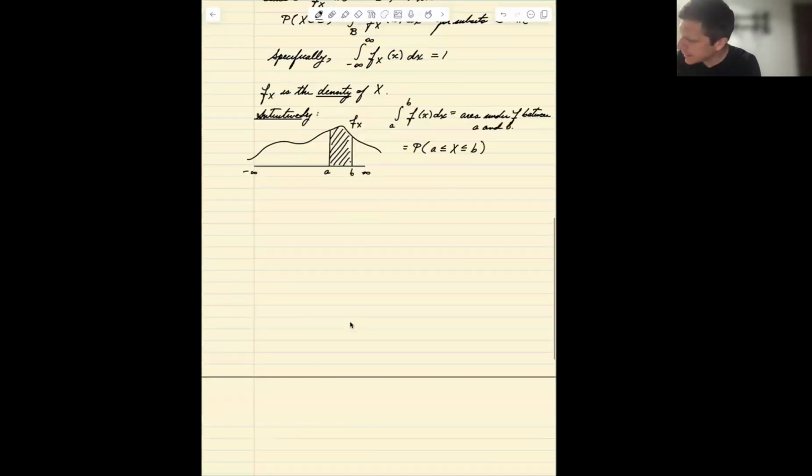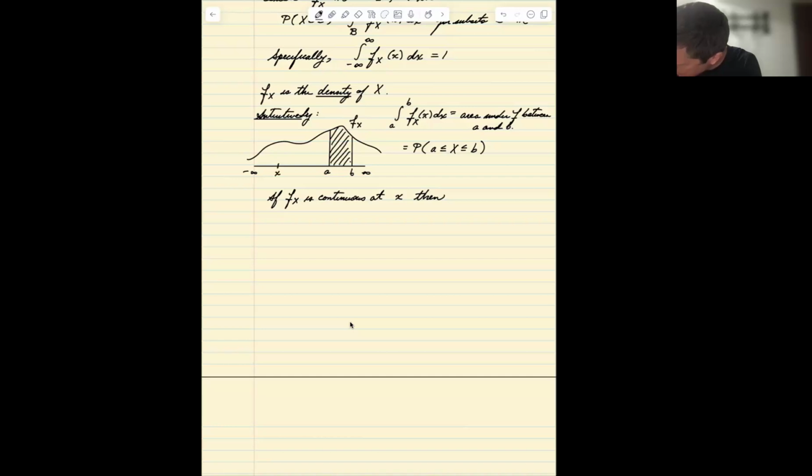One way to think about this is that if f, let's keep it as f sub x, is continuous at a particular point, then let's look at x now.